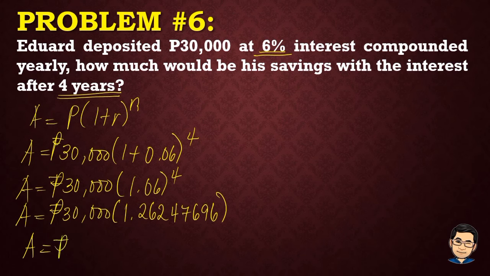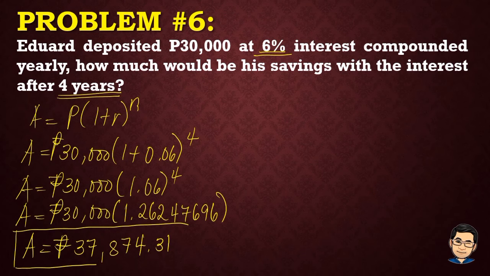So, kapag minultiply po natin siya, ang makukuhang sagot po is 37,874.31. So, it means, after 4 years, ang total savings ni Edward will be 37,874.31. So, magkano yung parang tubo? Okay.